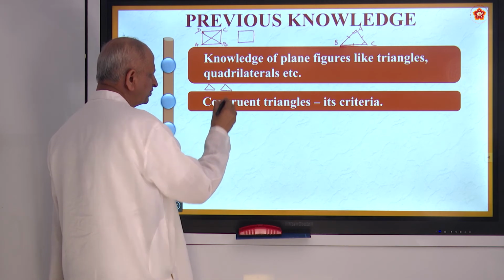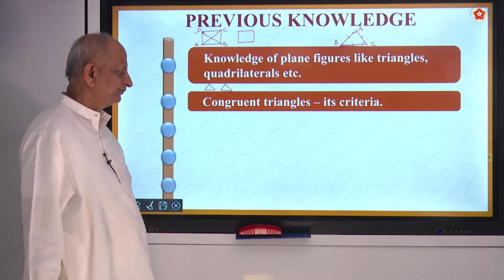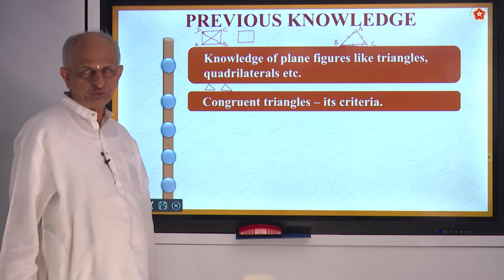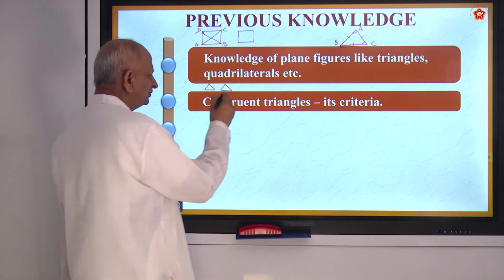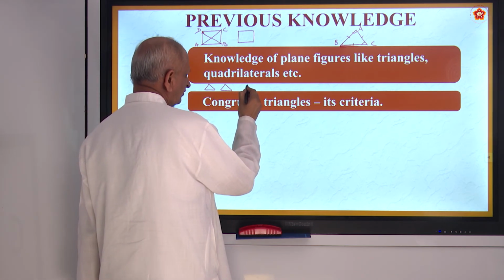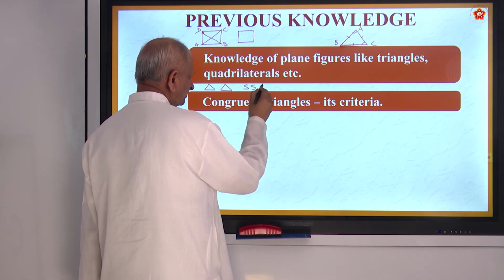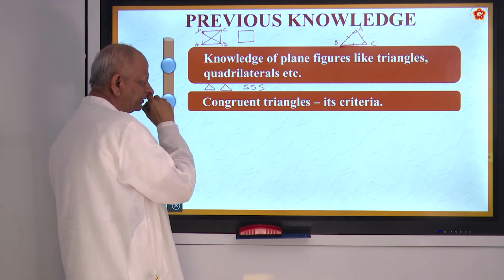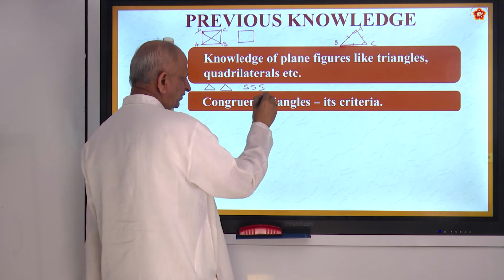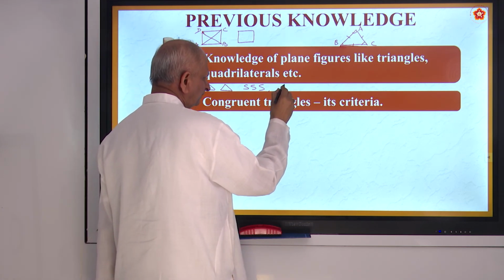Same shape and same size. Two triangles are said to be congruent under 4 conditions. One is if the 3 sides of one triangle are equal to the 3 sides of the other, then we say the 2 triangles are congruent.